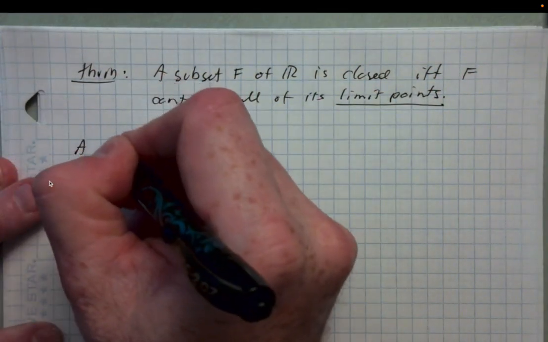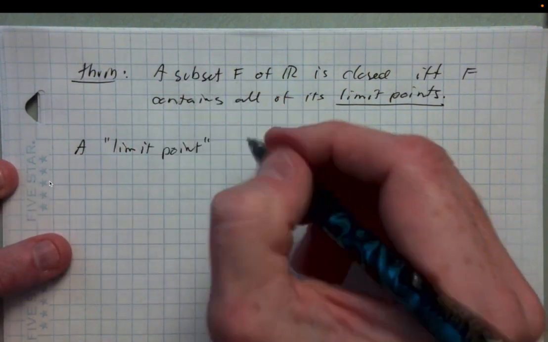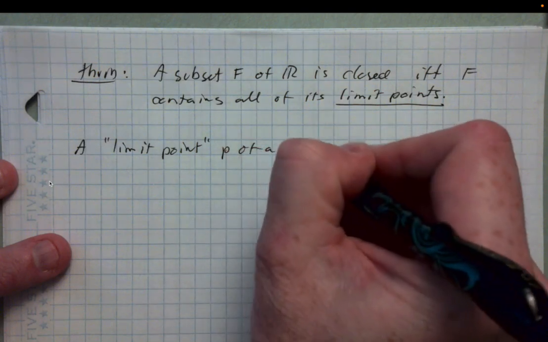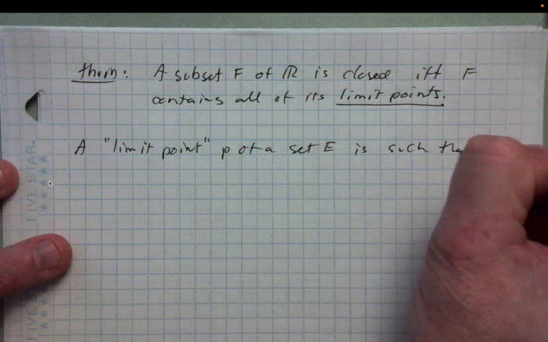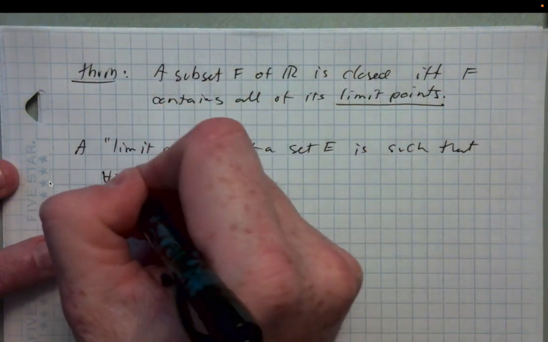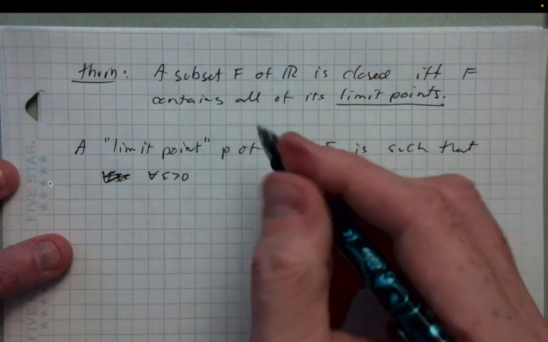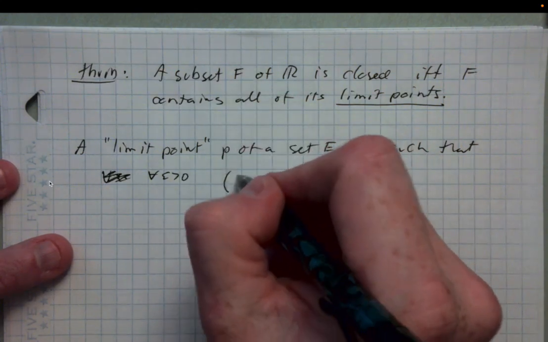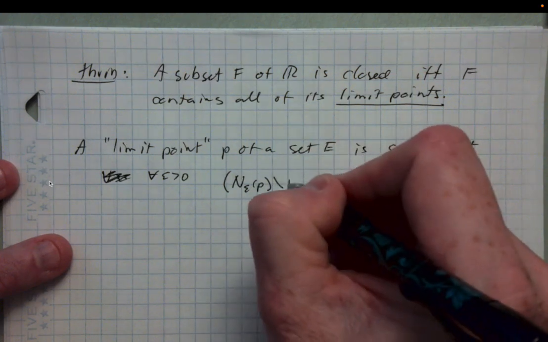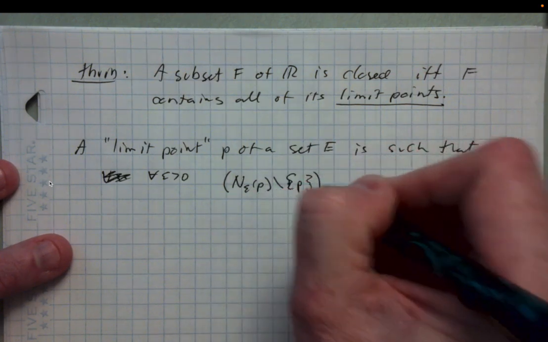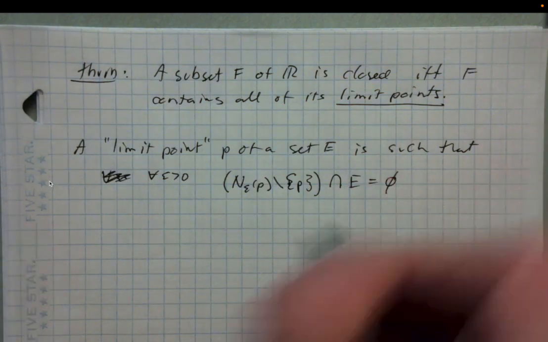We remember we said that a limit point P of a set E is such that for all epsilon greater than 0, the epsilon neighborhood of P minus P itself and E is non-empty.